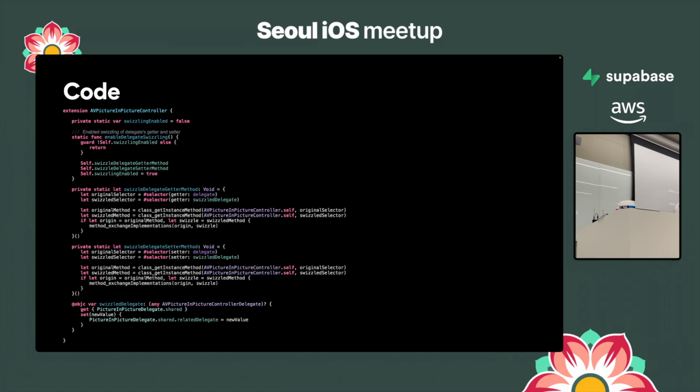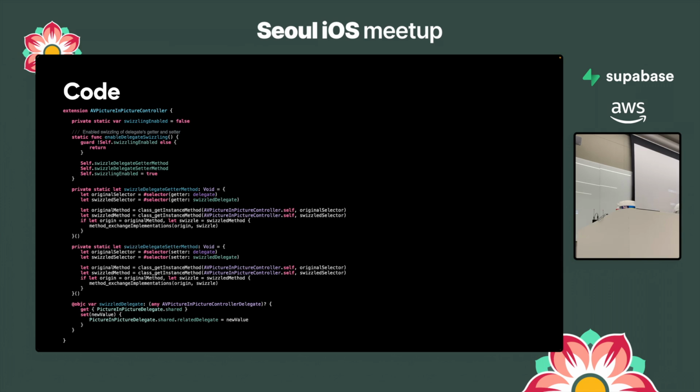What happens is that when Apple's code calls the original selector inside Apple's class, it will actually call your own function, which is, in this case, the swizzled delegate, which calls the PictureInPictureDelegate.shared that I made. I have code for it. Basically it gives you a very powerful and dangerous ability to replace functions inside other classes.